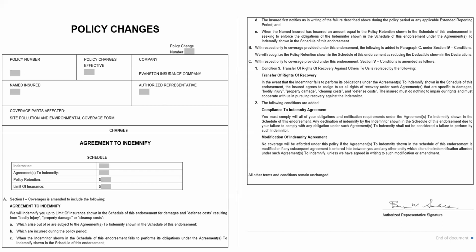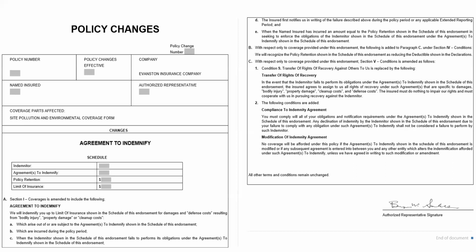We will indemnify you, so you're the insured, up to the limit of insurance for damages and defense costs for bodily injury, property damage, and cleanup costs. So again, defense and all the basics, which arise out of the agreement in the schedule, if these costs are incurred during the policy period, and when the indemnitor fails to perform. That is really simple, straightforward language.